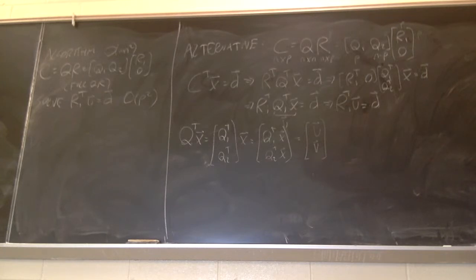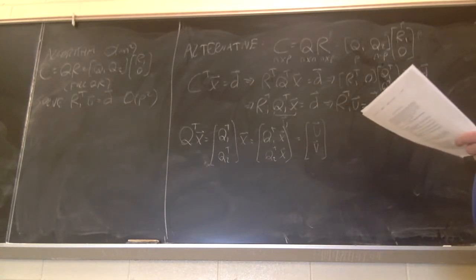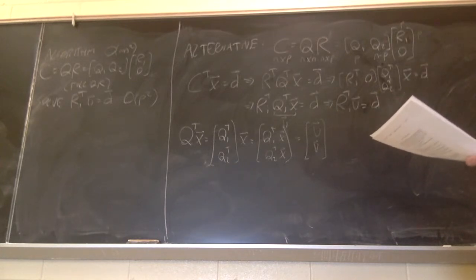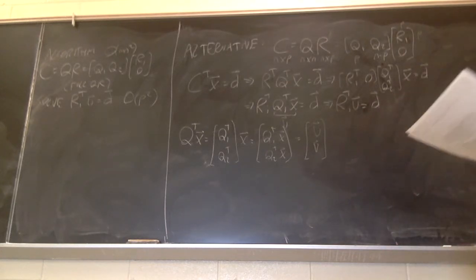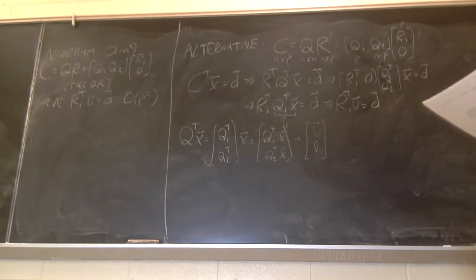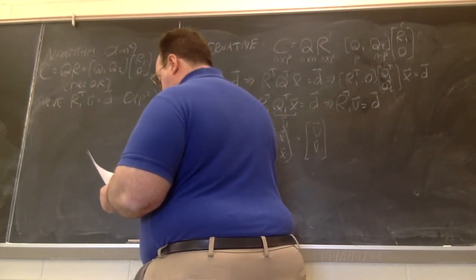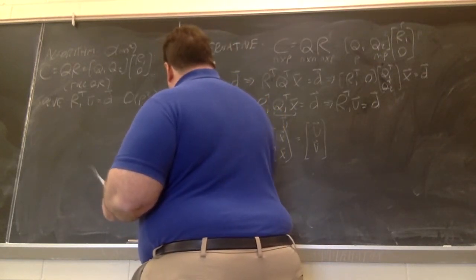All right. So now that I've taken the constraints into account, we're solving this system to get this vector U. What I need to do now is look at what I'm trying to minimize, the norm of B minus AX.